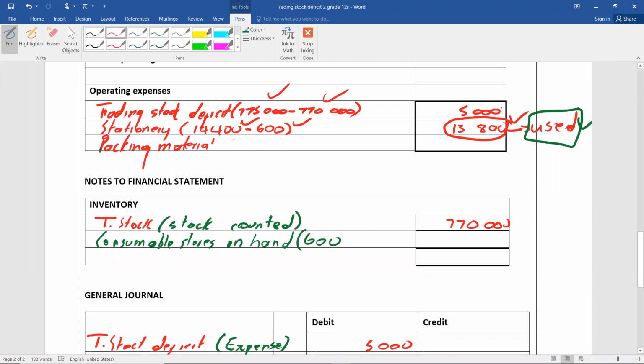And then I'm going to have 4,500. You minus the unused. You see, I'm repeating it again. You minus the unused and read the adjustment carefully.